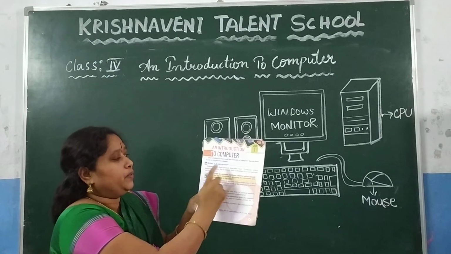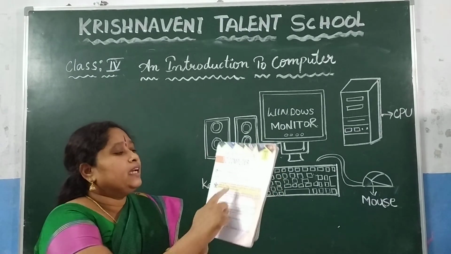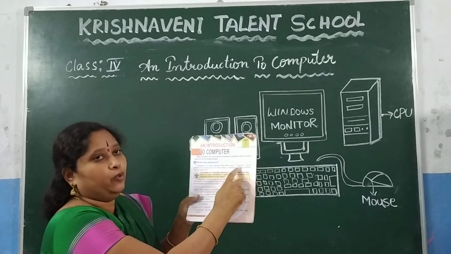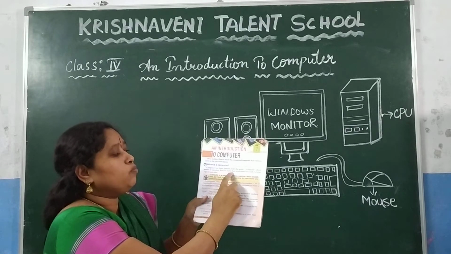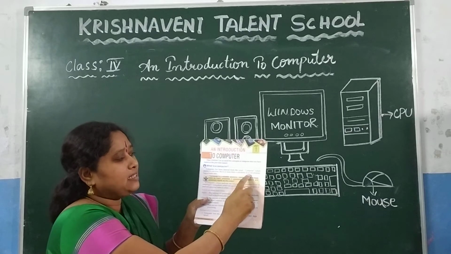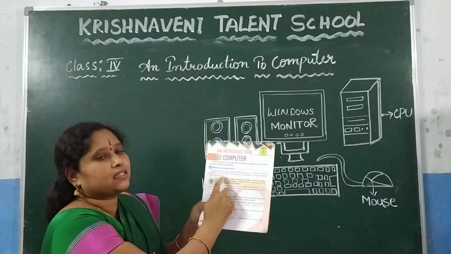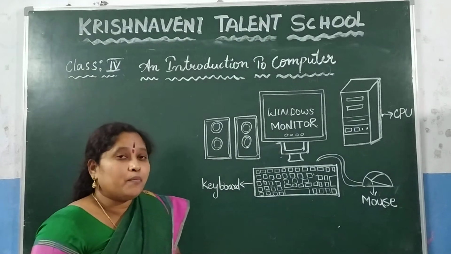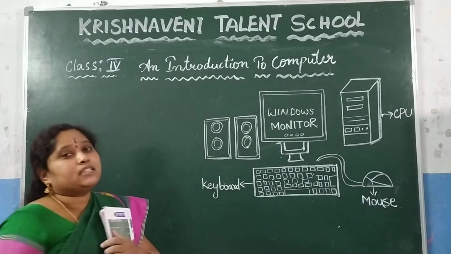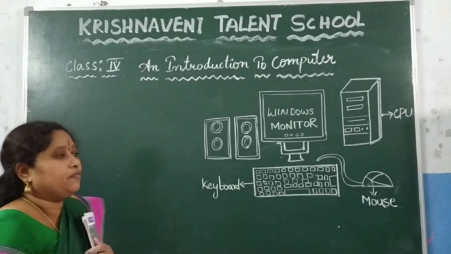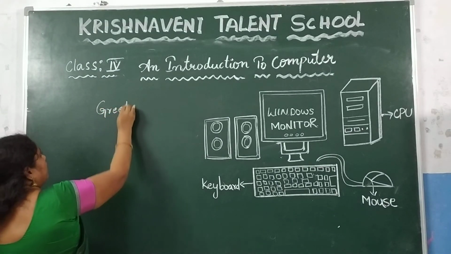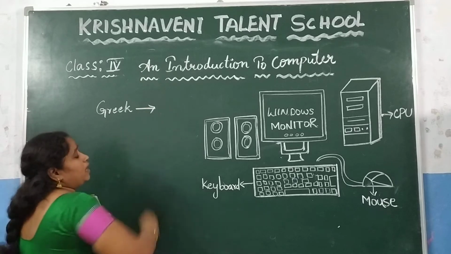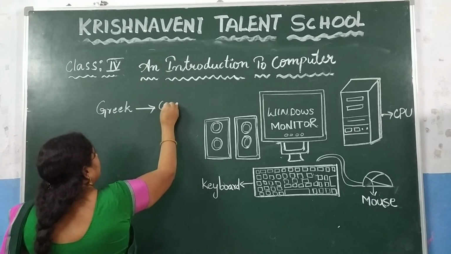What is a computer? A computer has been derived from the word compute, which means to calculate. But it is more than a calculator, as it can perform logical tasks also. So what is a computer children? The word computer is derived from a Greek word called compute.